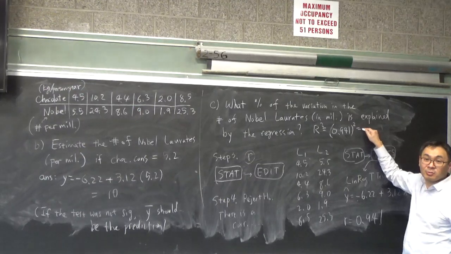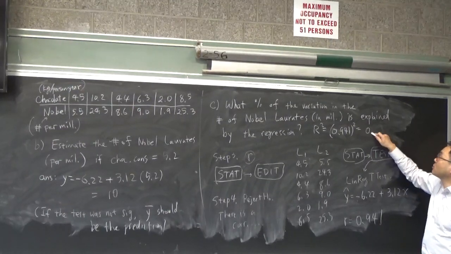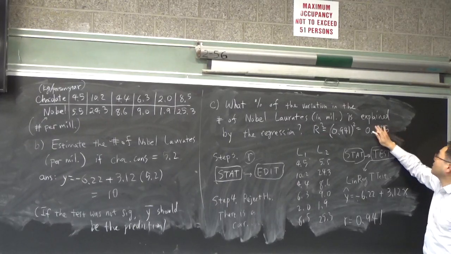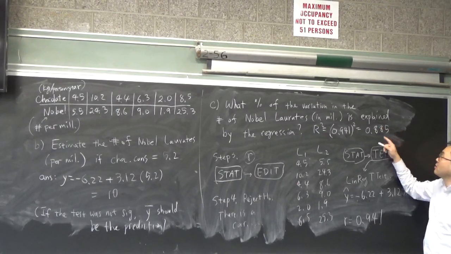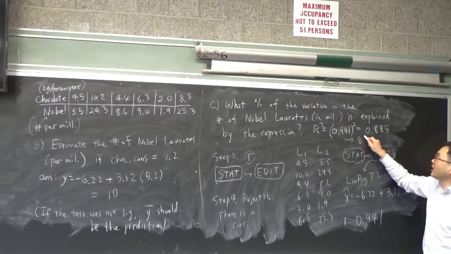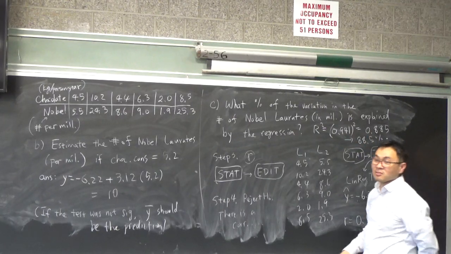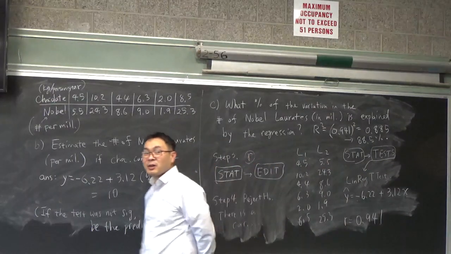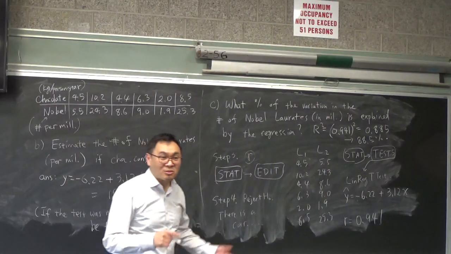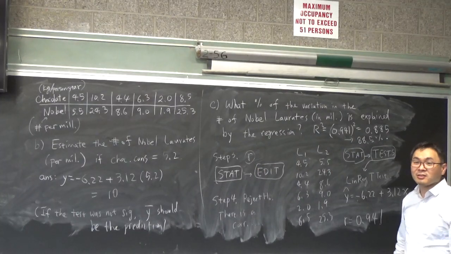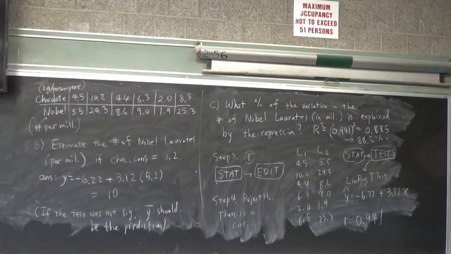Can somebody do this? 0.885. Okay. So that means that 88.5% of the Nobel laureates' variation is explained by the linear regression, which means it has a lot of explanatory power.